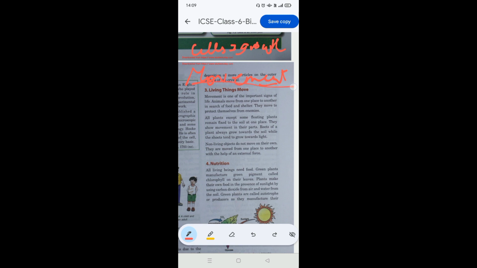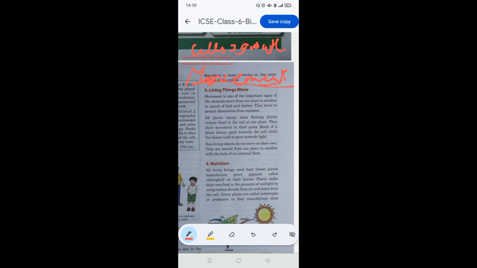You can say that even non-living things move, but how? They cannot move on their own. We mostly carry non-living objects. That doesn't mean that they move on their own. Whereas living organisms move by themselves.